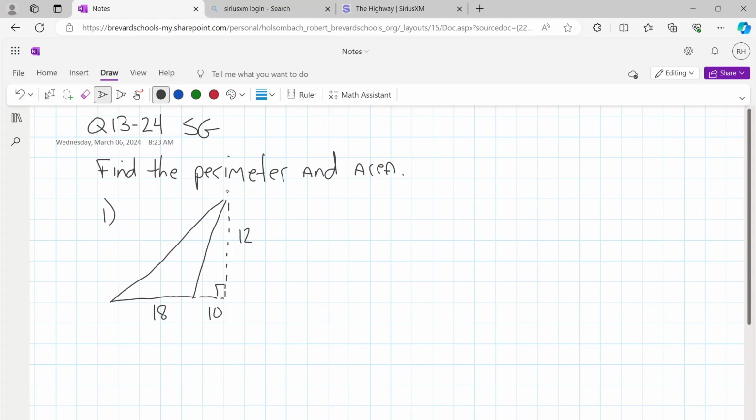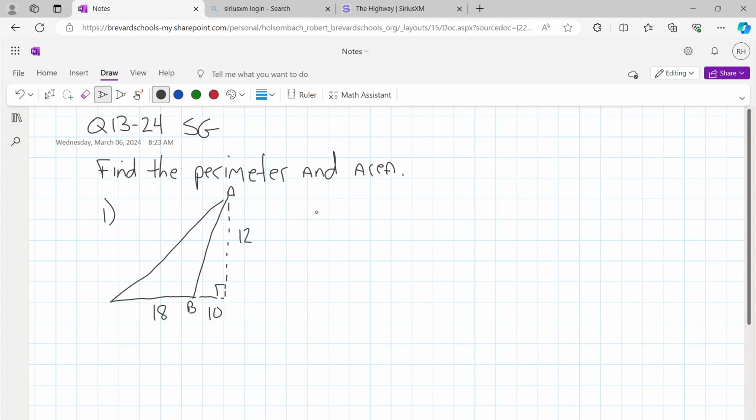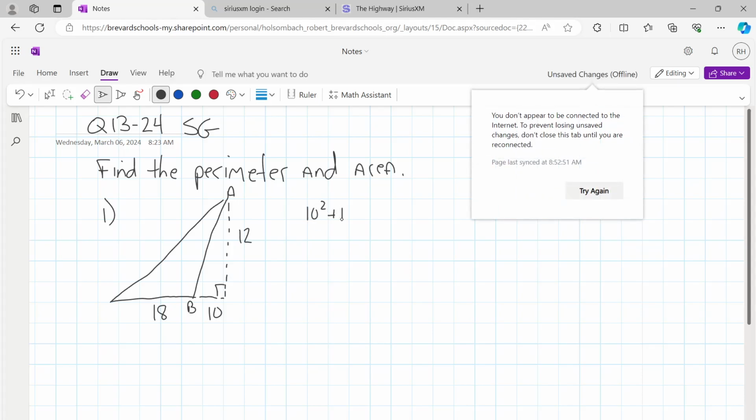I'm going to label this side AB. We're going to find side AB first using the Pythagorean theorem. So we're going to use the 10 and the 12 here. 10 squared plus 12 squared equals side AB squared.